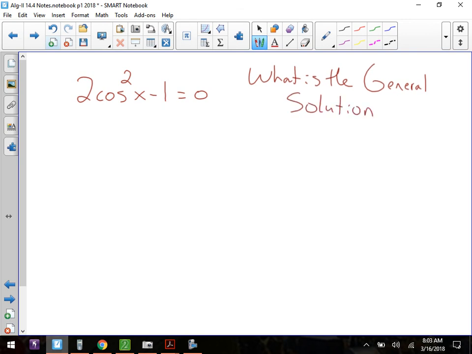It'll say, what is the general solution? Or it'll say, solve with theta between the parameters of 0 less than or equal to theta, which is less than 2 pi. Those are the two possible ways it can be asked. So if it says general, since there's an n in general, that means there should be plus pi n in your answer.